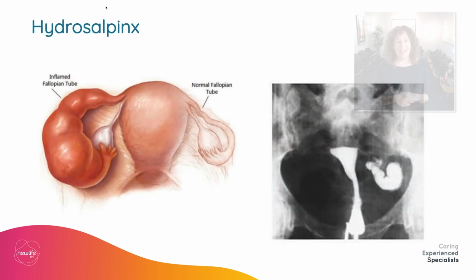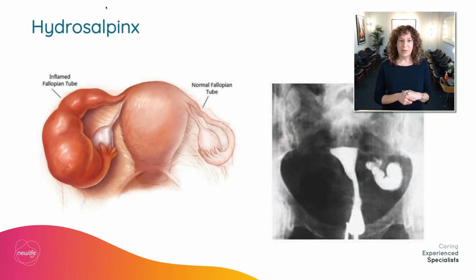So the next slide is about hydrosalpinx. If you have a look at the picture on the left, you'll see a uterus, and on the right side there's a normal tube, and on the left side there's a very inflamed, swollen tube. That tube is usually blocked and filled with fluid. When we do IVF, we don't use your fallopian tubes.